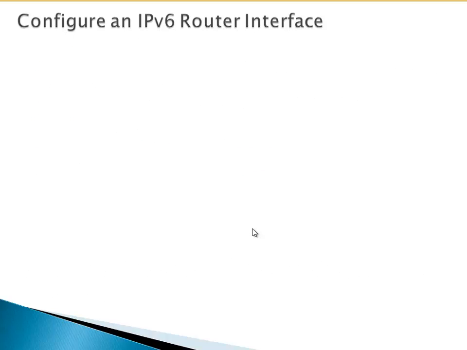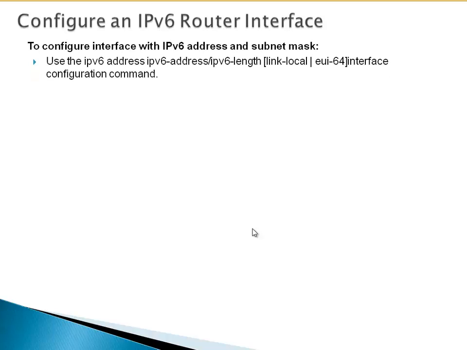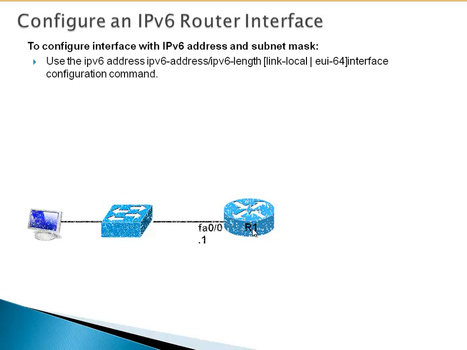Configure an IPv6 router interface. To configure an interface with an IPv6 address and subnet mask, we go to the interface and use ipv6 address, give an IPv6 address, and then the prefix length. IPv6 doesn't have 255.255, it has a prefix length. And then we can use either link-local or EUI-64.